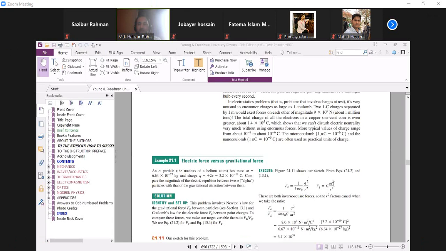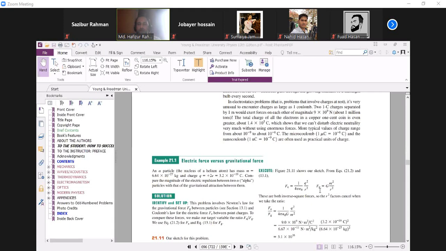Since it is the same particle, their mass will be the same, so m into m will be m square divided by r square. So this is the electrical repulsive force and this is the gravitational attractive force.